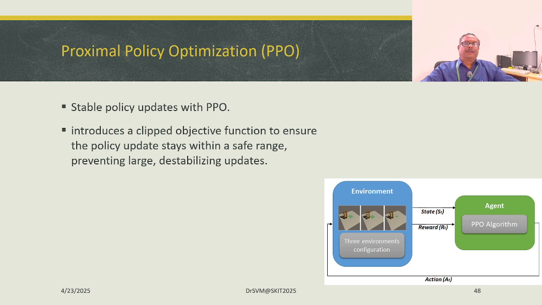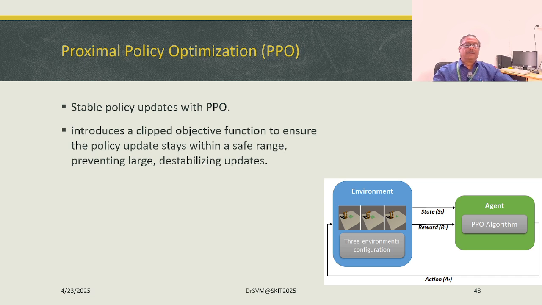This is again the same as the previous gradient method, but the only difference is that here the objective function is clipped between the two ends. So the objective function always lies within a safe range.